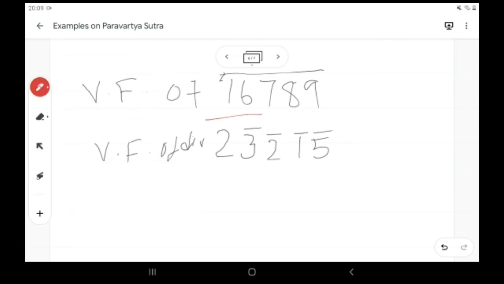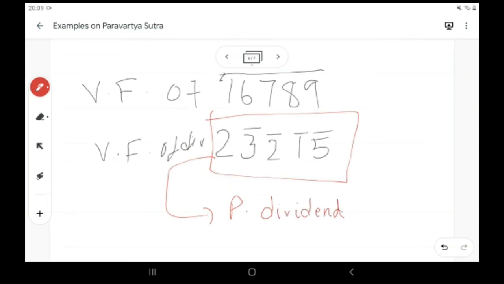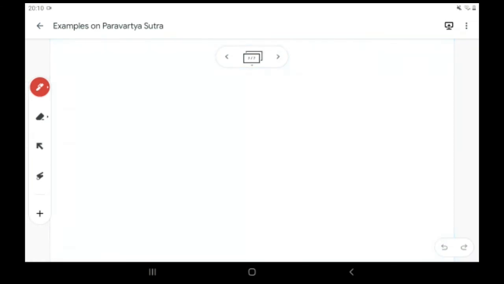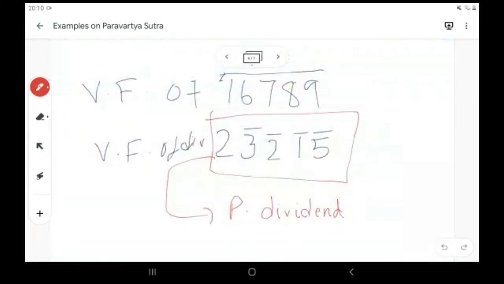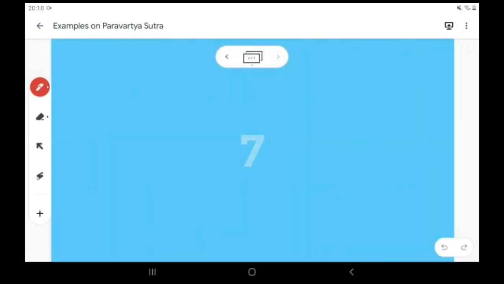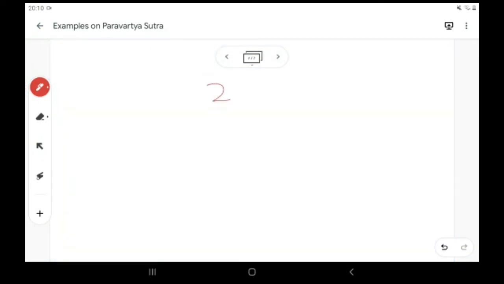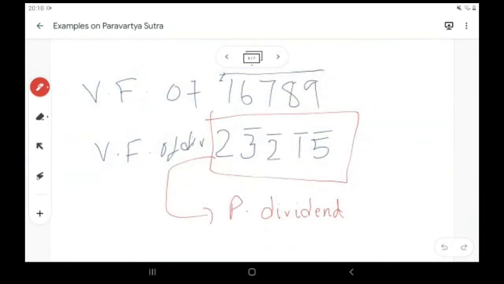So this is our primary dividend. Let me write it down: 2, 3 bar, 2 bar, 1 bar, 5 bar.